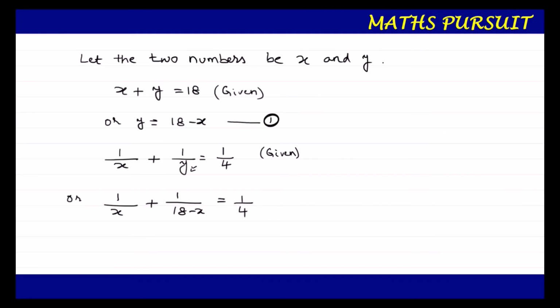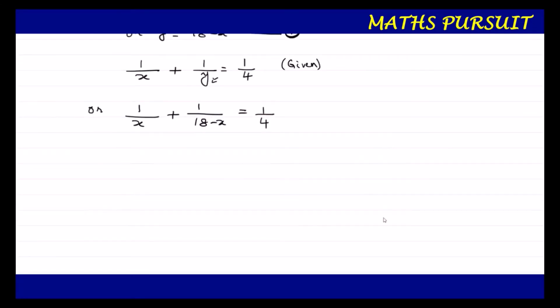Now, let us take the LCM and solve this equation. I will follow simple steps one by one and we will try to solve this very simple equation. So the equation that we got here is 1 upon x plus 1 upon 18 minus x is equal to 1 upon 4. Now let us take the LCM. If we consider the LCM, we will get the LCM as x into 18 minus x.